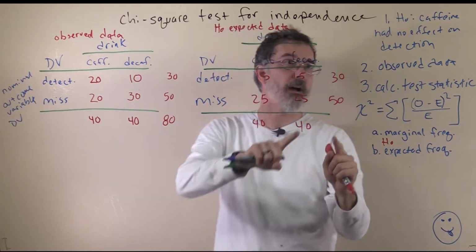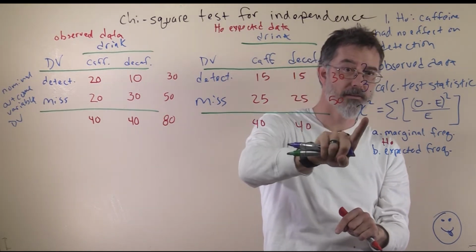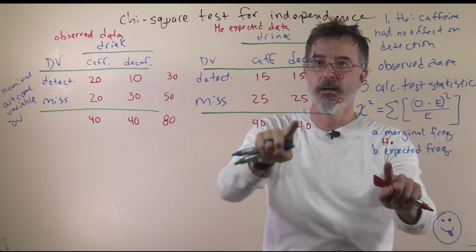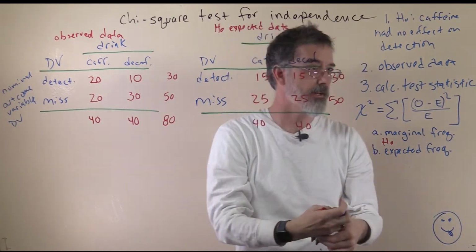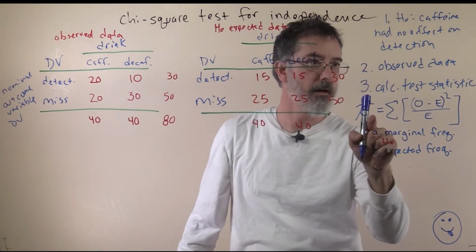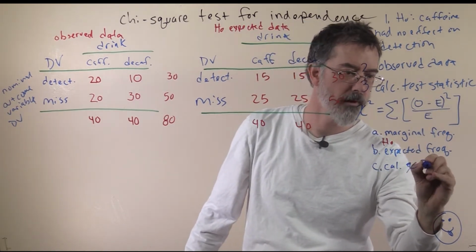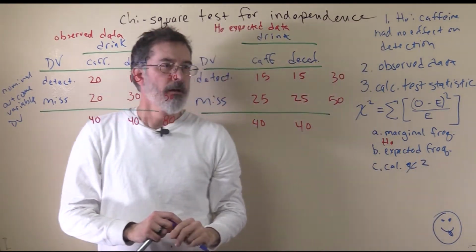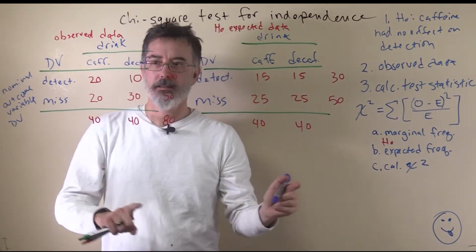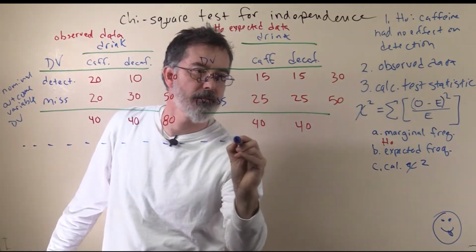All right, so we've got our null hypothesis and our observed data. We're in the middle of calculating our test statistic. We've got our marginal frequencies, we filled in our expected frequencies, and now we can actually calculate our chi-square. Let me put a line here to separate the space off a little.